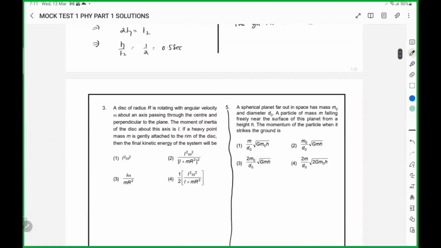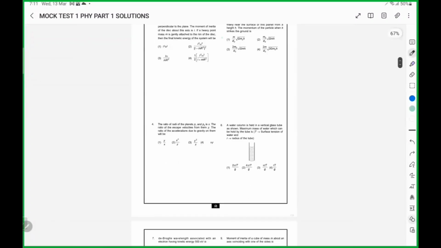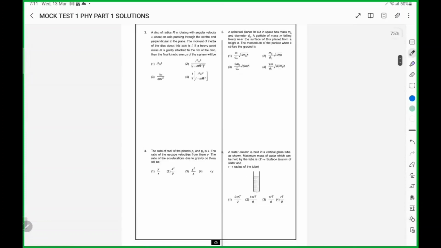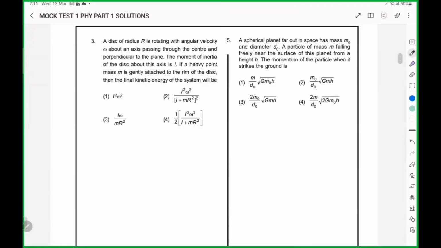Here a disk of radius r is rotating with an angular velocity omega about an axis passing through the center and perpendicular to the plane.